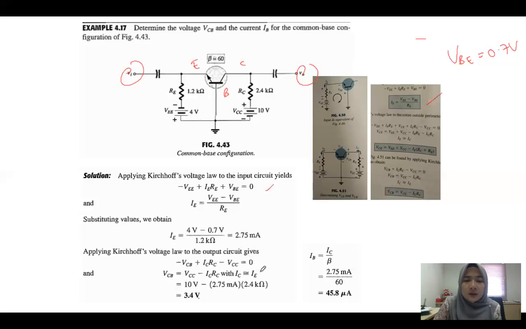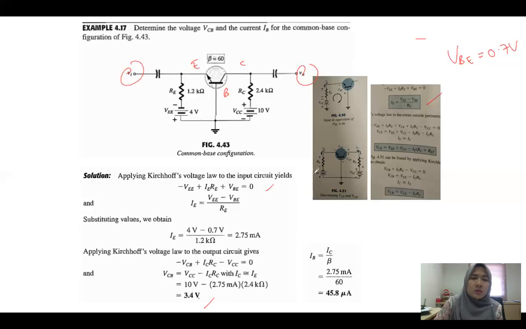VCC is 10 volt, IC equals IE, which is 2.75 milliampere, and RC is 2.4 kilo ohm, so you will get VCB equals 3.4 volt.